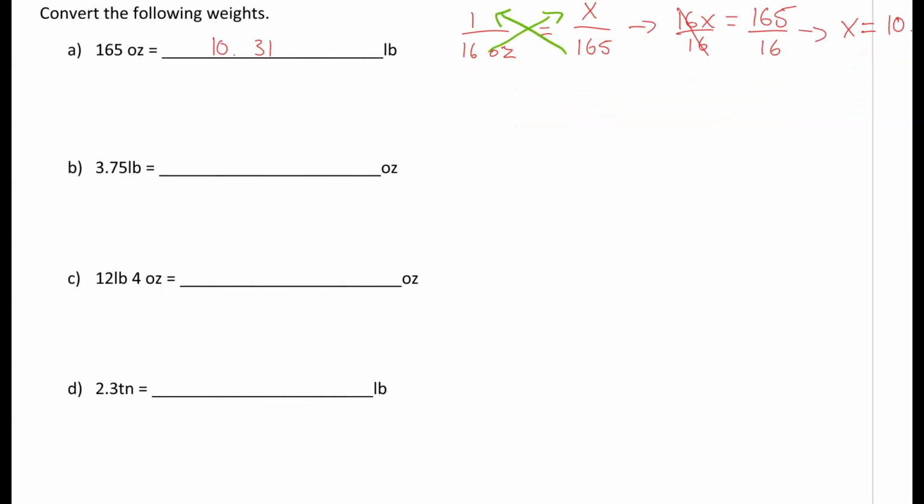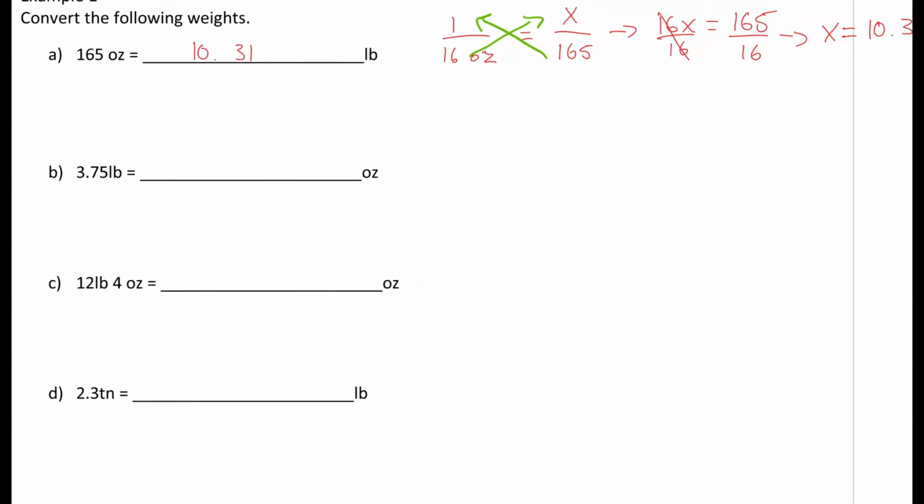The next one, we have 3.75 pounds equals how many ounces? What we want to look at doing is having our conversion for pounds, so 1 LB over 16 ounces. Again, don't confuse that LB for a 16.